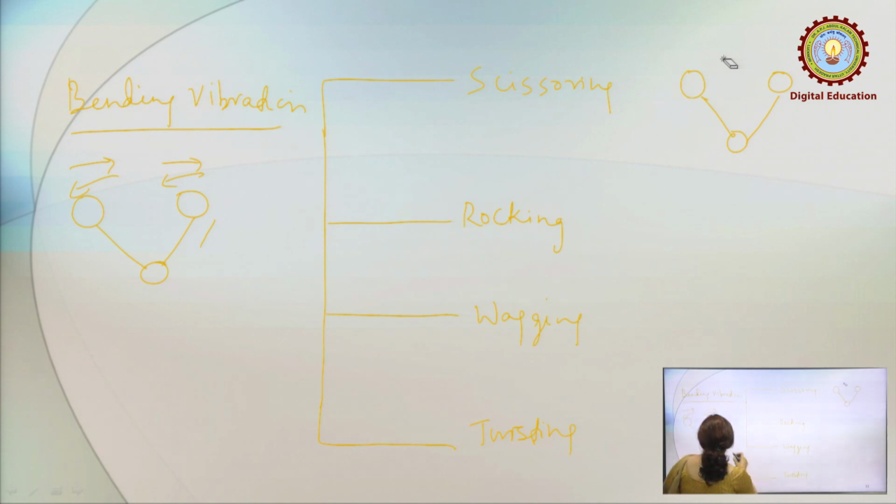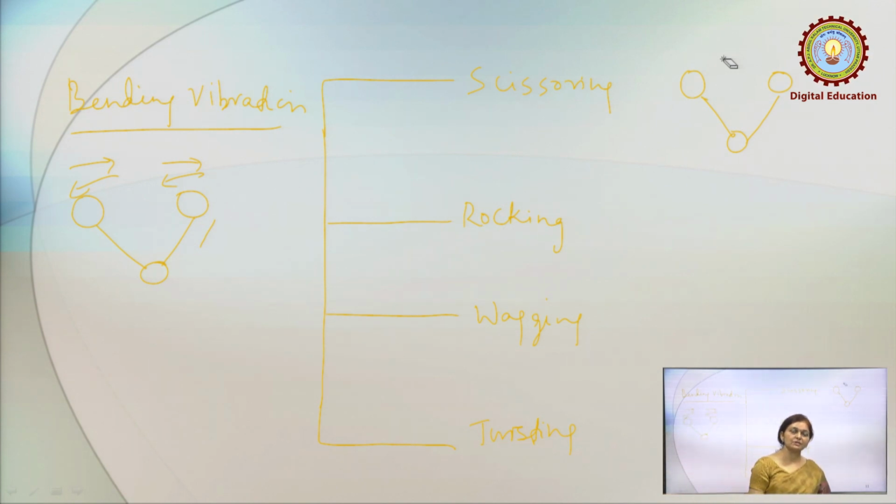In case of bending vibration, these are the two atoms attached with the central atom. Two atoms either bend towards the left side or bend towards the right side. In this case, there is change in their bond angle, but bond length remains the same.